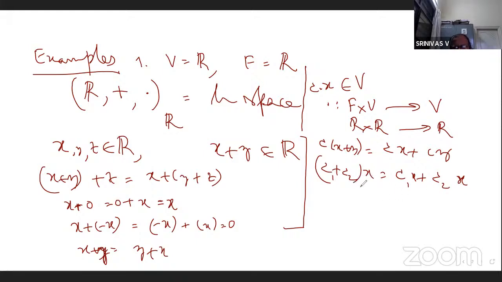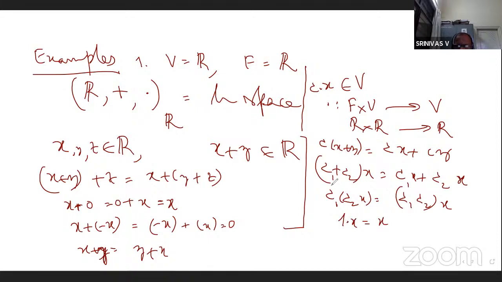This is the distribution of multiplication over addition from right. And c1, c2, and x can be any real numbers. And we also know that c1 into c2 x is equal to c1, c2 into x for all real numbers c1, c2, x. And also we know that 1 into x is x.